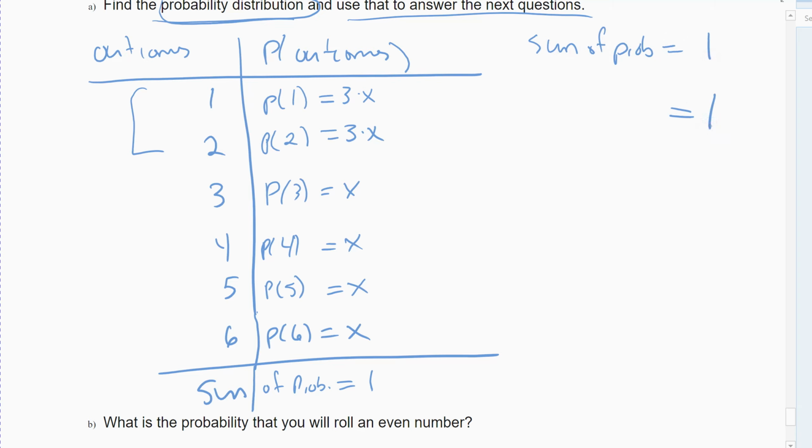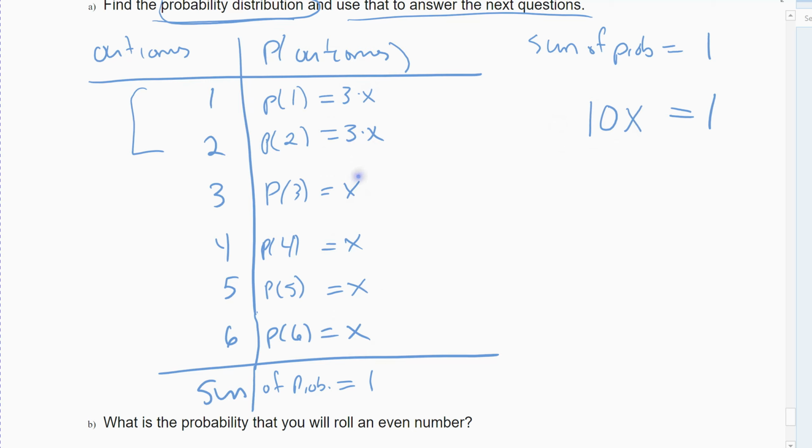Well, I'm going to sum them up. What is the sum of the probabilities? I'm going to add all of my x values. How many x values do I have here? I've got 1, 2, 3, 4, and then I've got 6, so I've got 10. When I add them up, there are 10 x values that represent all of my probabilities. I'm just adding these.